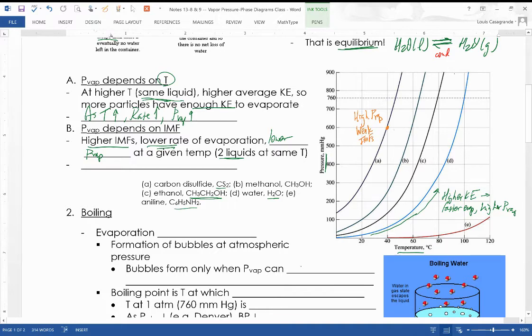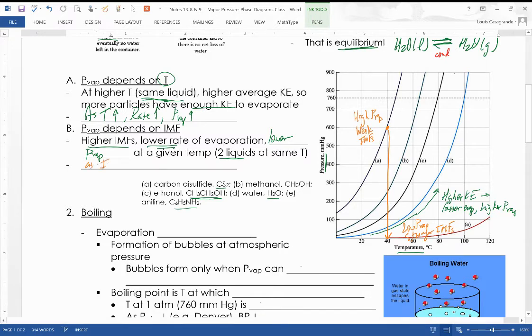Now, at the same temperature as we come down, we go through B, C, D, and eventually we get to E. As we come down here, we get to low vapor pressure. The lower vapor pressure gives us stronger intermolecular forces. So we can compare different liquids at the same temperature and get a sense of their intermolecular forces, and if we know what their intermolecular forces are, we can get a sense of their vapor pressure.